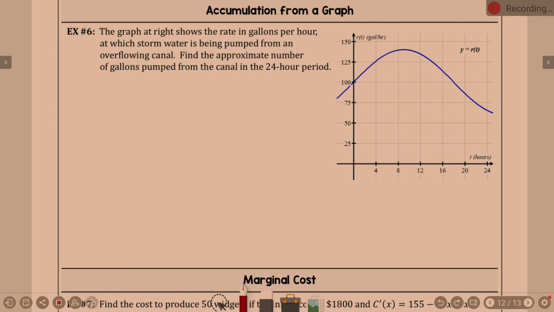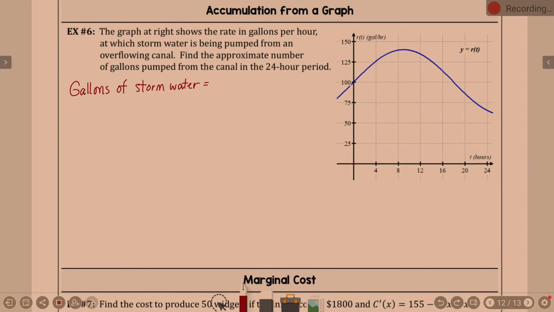So we are trying to find the approximate number of gallons pumped from the canal, right? So we're trying to find so many gallons of stormwater. How am I going to find the gallons of stormwater pumped from the canal over this 24-hour period? We're looking for an accumulation, yes.